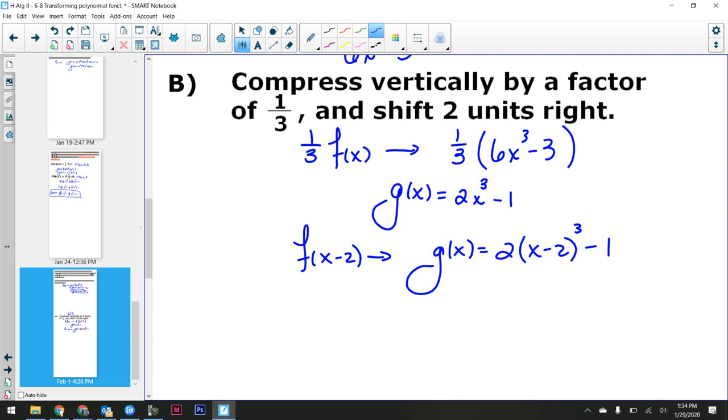Guys, a huge mistake that happens all the time on the test, you guys leave it like this. If you leave it like this, you're cutting out like half the work of the problem. Like if this was a 6-point problem, I'd have to take off like 3 or 4 points because you're not doing the hard stuff. The hard stuff comes in the simplification.